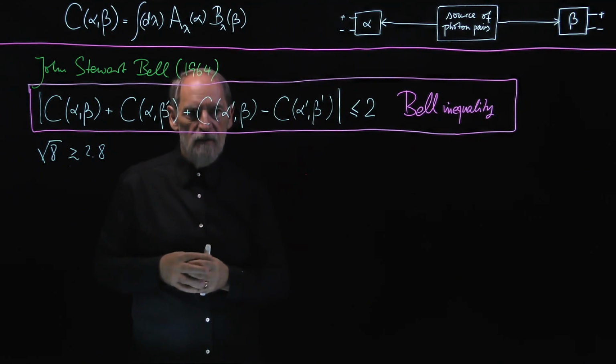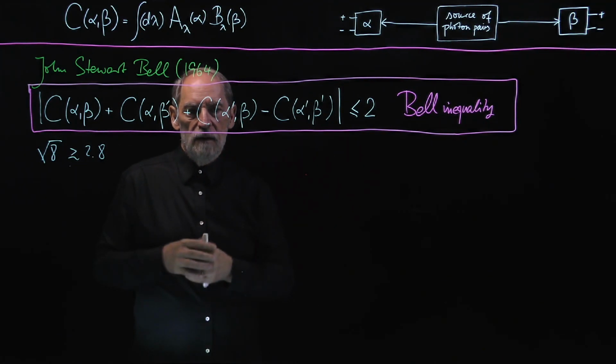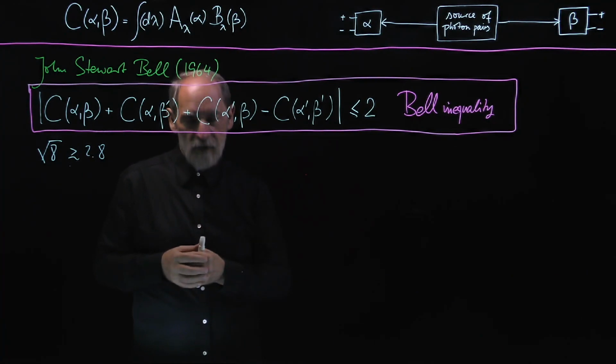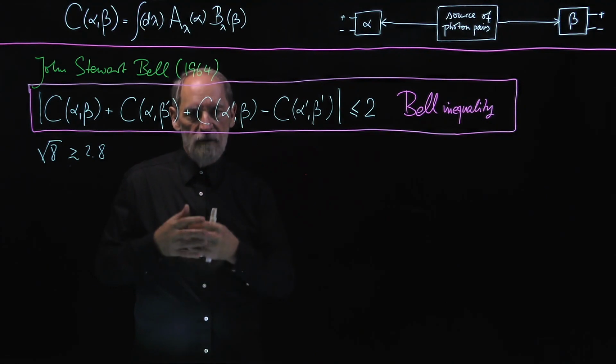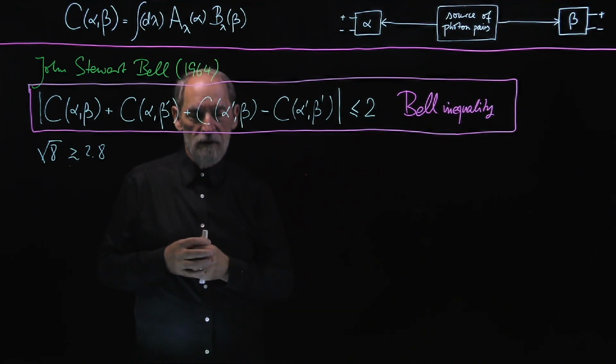There is no mechanism that determines which detector will click for the next photon pair that is emitted. This is a brutal fact of life. We have to learn to live with it. And in a very profound sense, quantum mechanics is about learning to live with this fact.